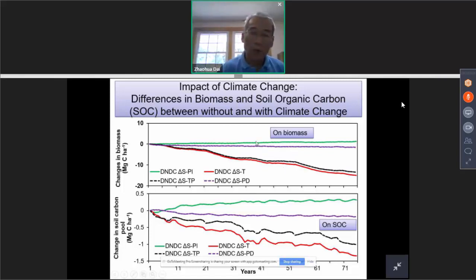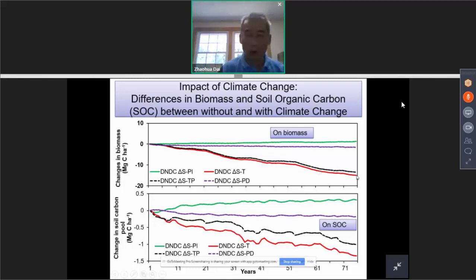The Yucatan Peninsula is not very sensitive to precipitation, just a 10% change. What it is very sensitive to is the temperature. The temperature rises by 2 degrees, and you can find that the biomass decreases very fast.